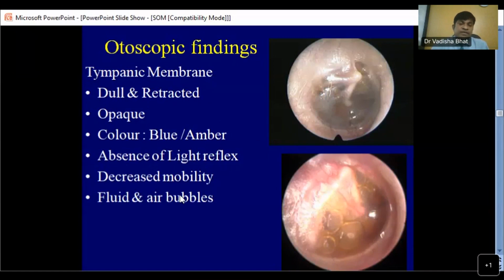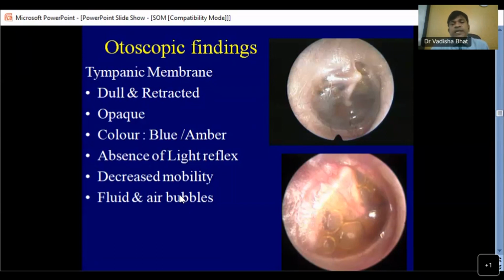Others are hemotympanum, high jugular bulb or glomus. There is absence of light reflex, the cone of light, because the retracted tympanic membrane causes dispersion of the light, hence the cone of light will be distorted.